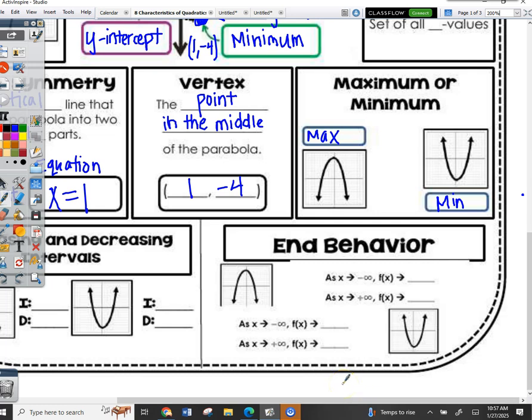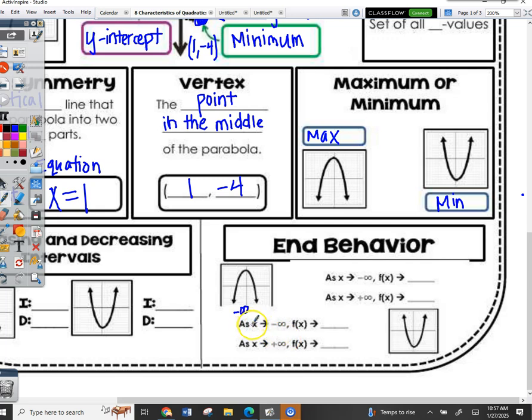All you have to do is ask yourself, what direction is the curve going? Is it going up or down? What type of infinity goes up? Positive. What type of infinity goes down? Negative. So right here, this is going down towards negative infinity, and here's how you read it.